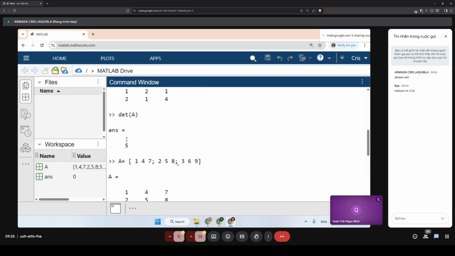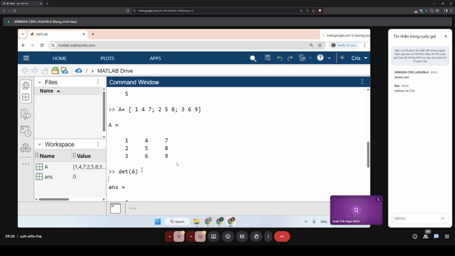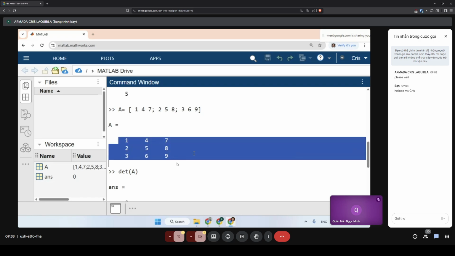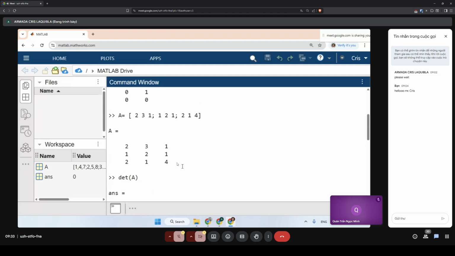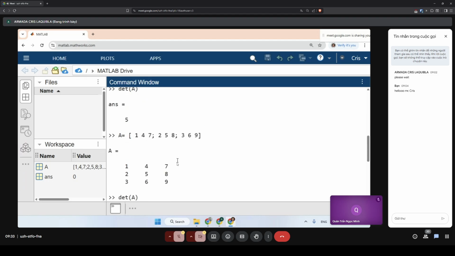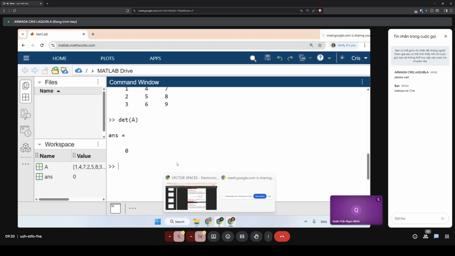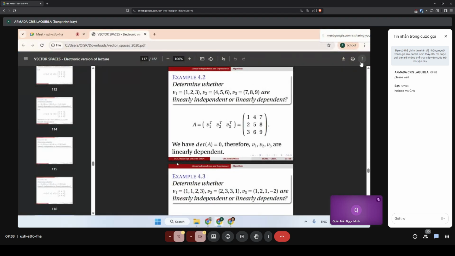So it will neglect the previous A, class. If you mention A here again, it will use this matrix, not the other A. But if you want to use this again, just copy this one and type it here, then click enter, if you want to reuse a matrix.